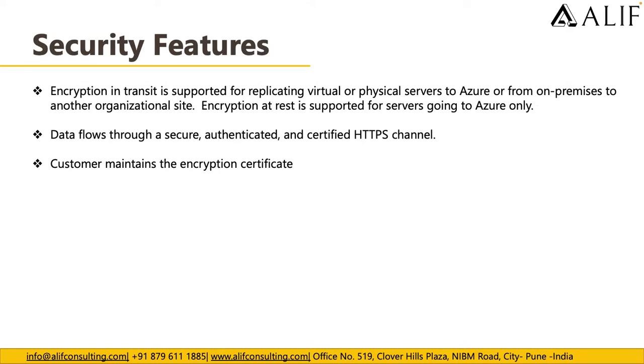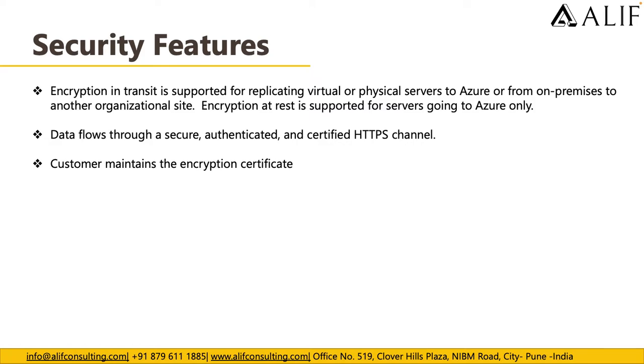Security features. So these are the security features. All the data in transit, everything coming from on-premise or from any organization, is encrypted. So it supports encryption in transit and encryption at rest as well. Data flows through a secured, authenticated, and certified HTTPS channel. The customer maintains the encryption certification.